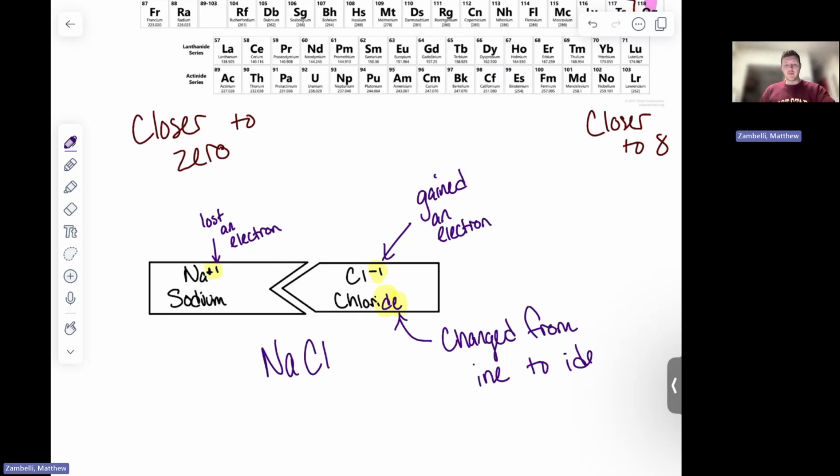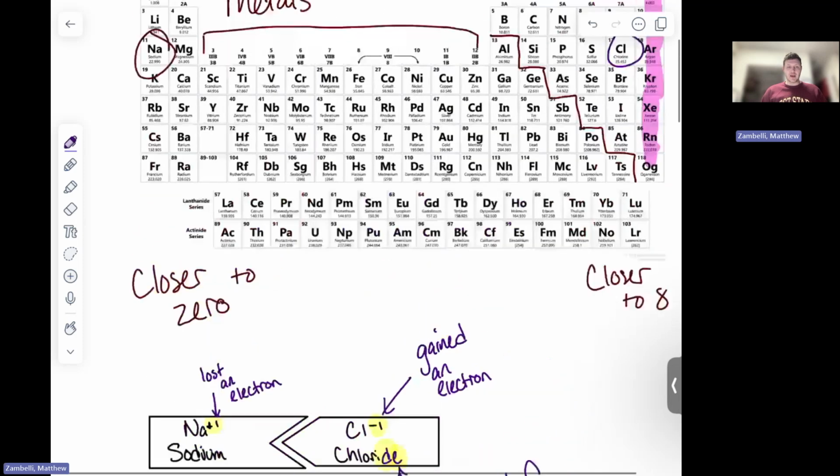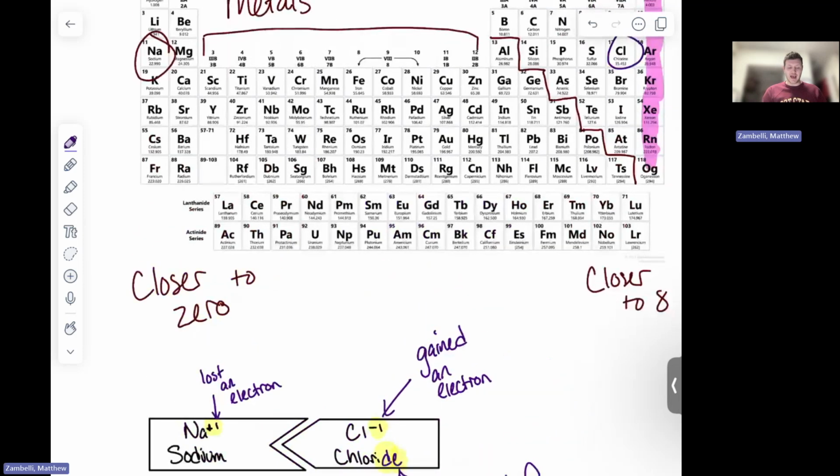Okay, so now that we know that, we can take a couple other practice problems. We've looked at sodium, we've looked at chlorine, but let's look at a different element. Sometimes we're going to have an element like potassium. Potassium is way up here as well, and potassium has how many valence electrons?